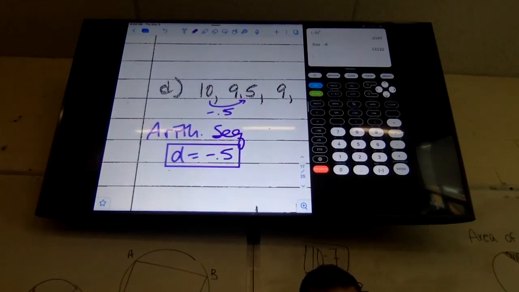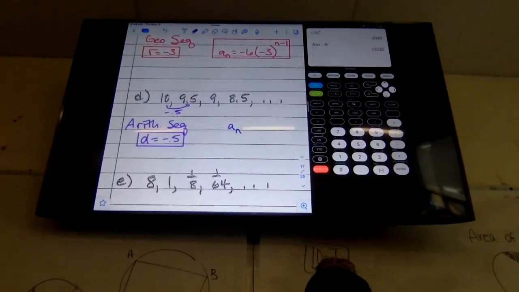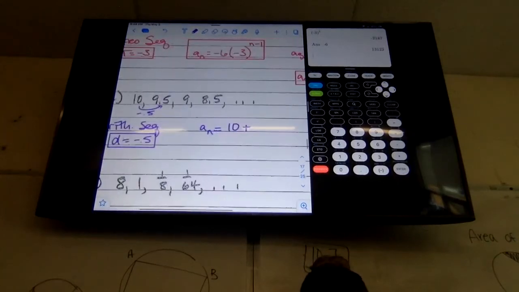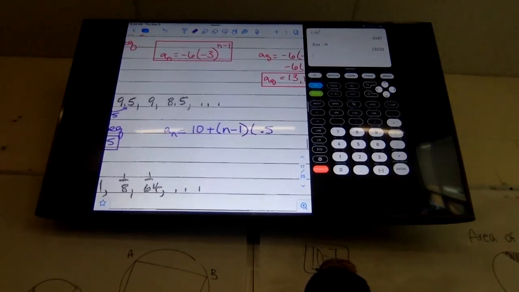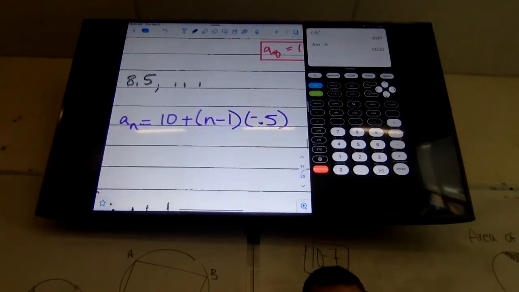All right, who's got my explicit formula for me? Chris. a n equals 10 plus n minus 1 times, good, times what? Negative 0.5. Don't lose your negative. It's important. All right, let's distribute that -0.5 through.